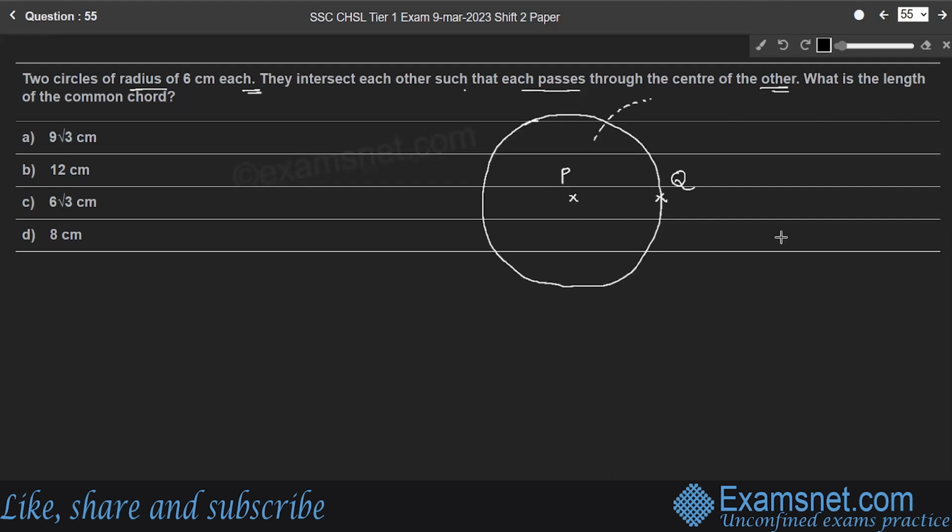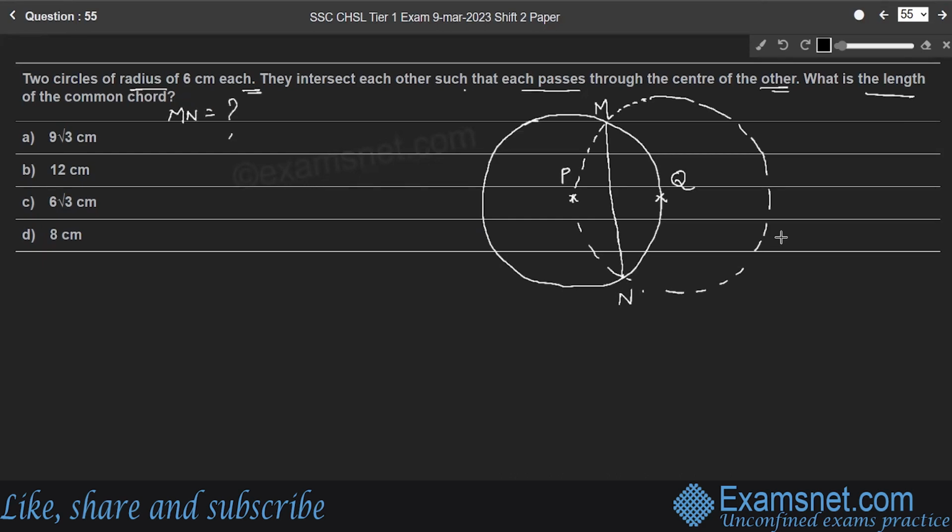So the second circle passes through the center of the first circle and the first circle passes through the center of the second circle, like this. Here we need to find the length of the common chord. So let us draw a common chord. Let MN be the common chord to both the circles. We need to find the value of MN.